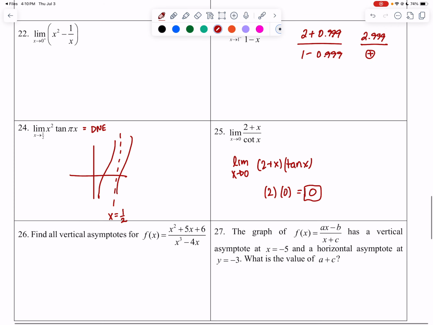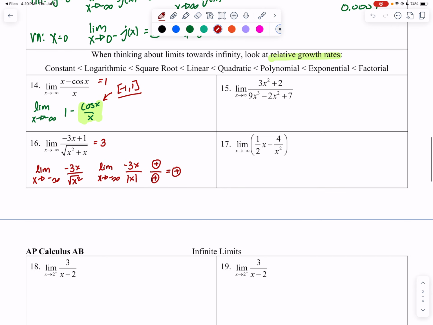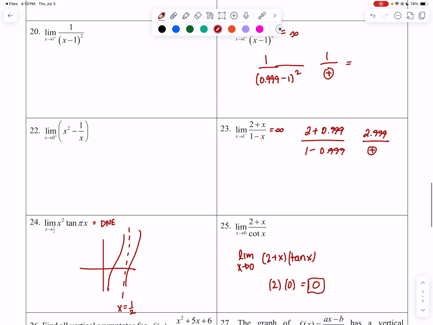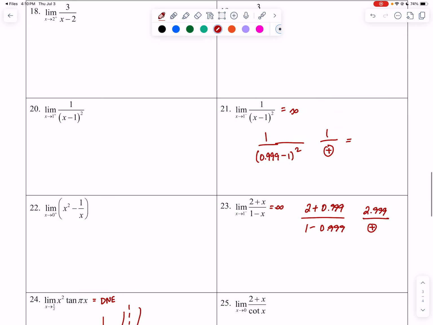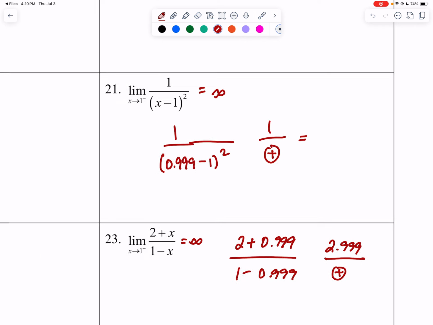All right, so you should be able to do the rest of the problems in terms of vertical and horizontal asymptotes. Be sure to notice what's happening here. So for number 21, this is saying that we have a vertical asymptote at x is equal to 1.